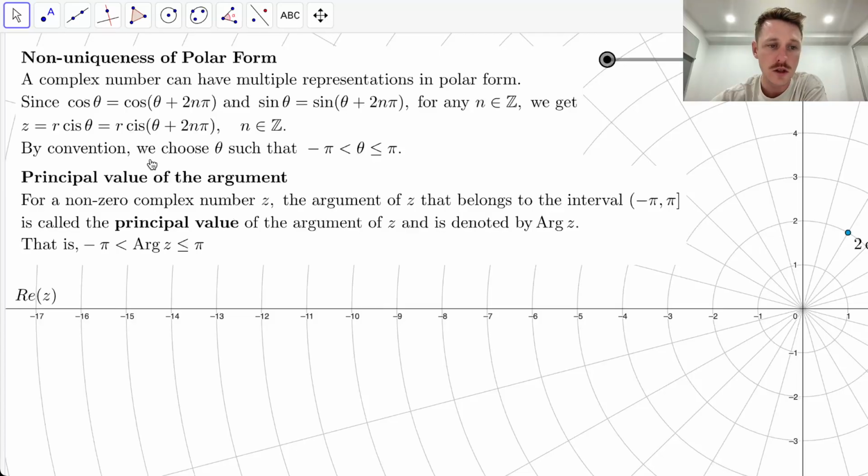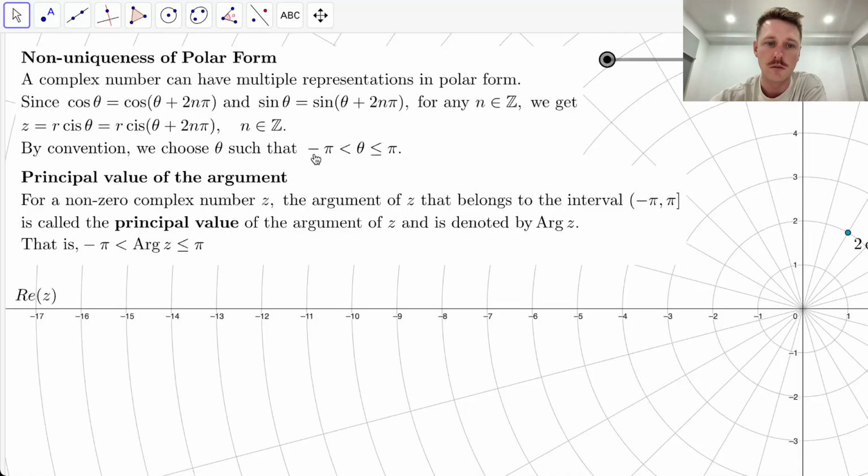Okay, by convention, we say we choose that theta is between negative pi and pi. So remember, negative pi is negative 180 degrees. Pi is positive 180 degrees. So we choose values of theta between negative pi and pi. Because we could choose values outside that, but that's just a convention.